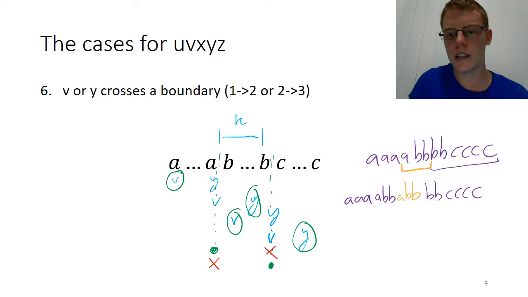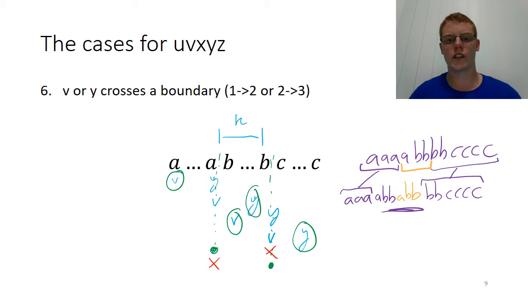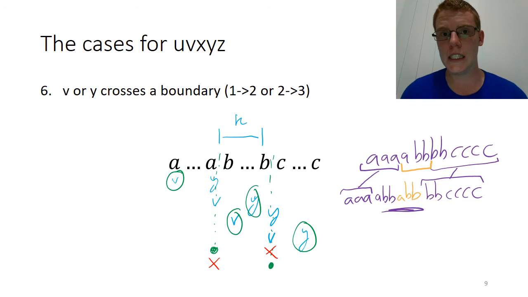So these parts here match, these parts here match, and now I have this hodgepodge string in the middle here. Now there's two ways to think about why this isn't in the language. Firstly, there are not an equal number of A's, B's and C's, because we've increased the number of A's and B's and we haven't modified the number of C's.